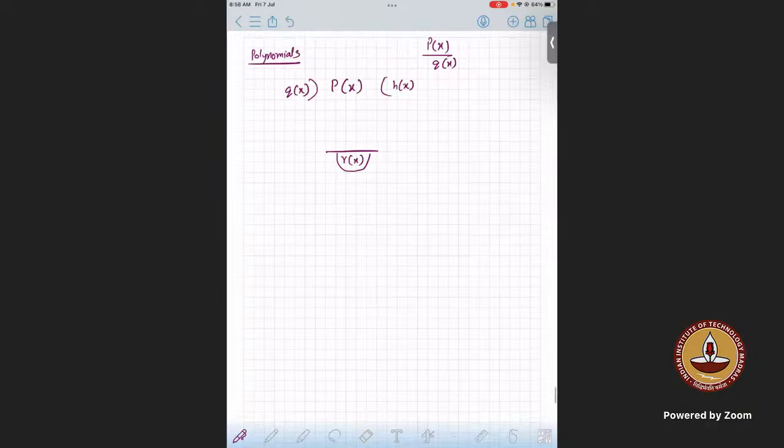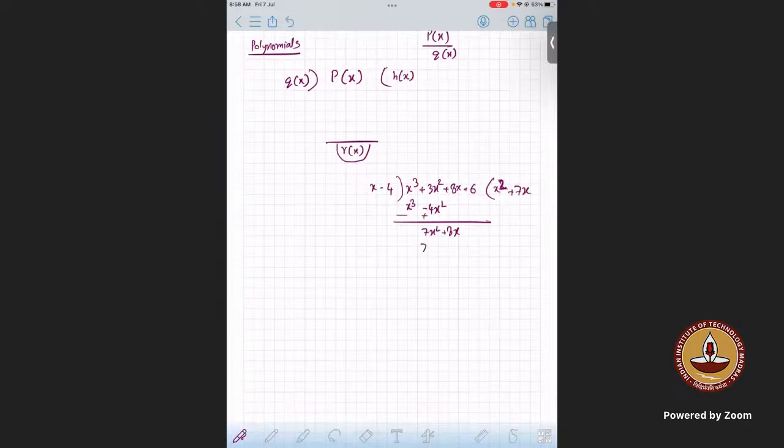Look, suppose x cube plus 3x square plus 8x plus 6 is divided by x minus 4. X cube minus 4x square. We will get 7x square plus 8x, then 7x square minus 28x.